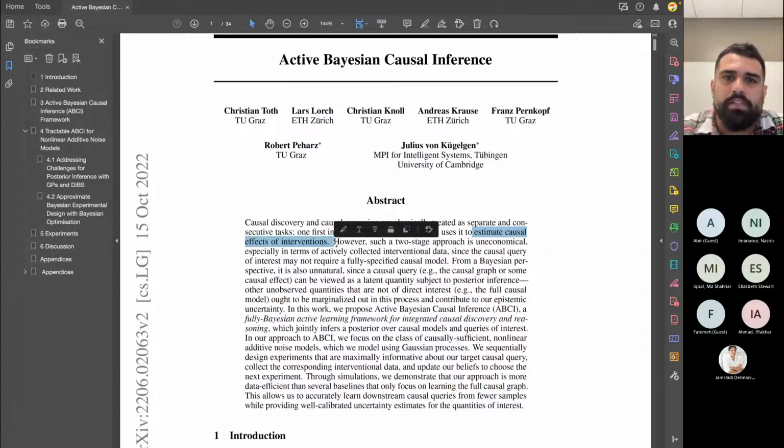Just as an overall picture, they don't focus on learning the full graph. Their purpose is to partially learn the graph, just have enough information about the true causal model to be able to make queries and estimate interventions. And they take a Bayesian approach to do that.